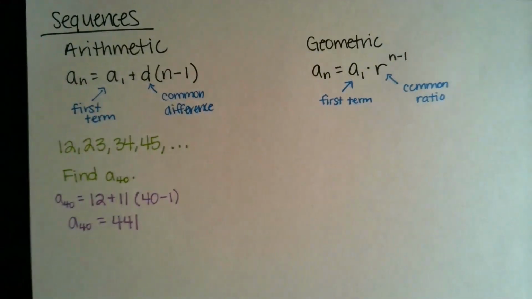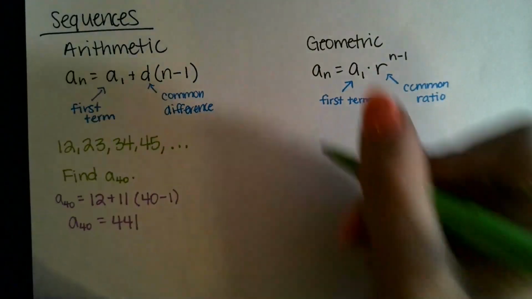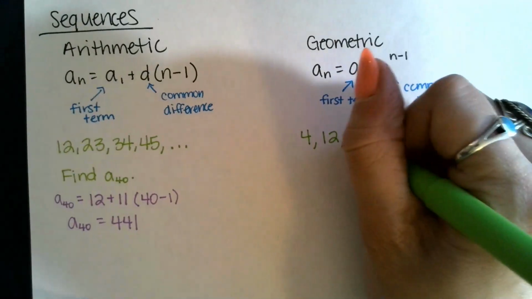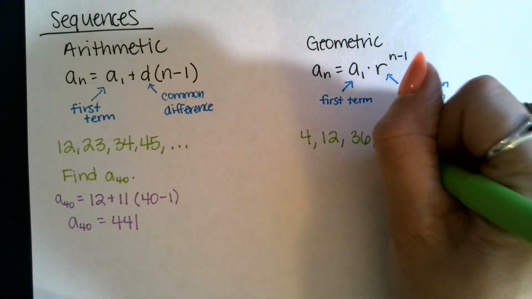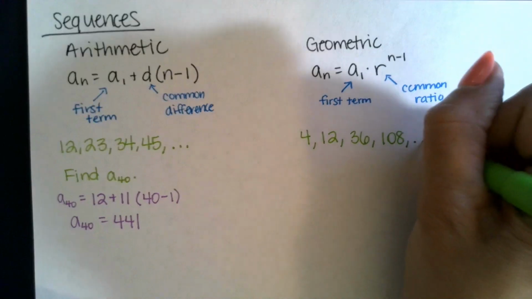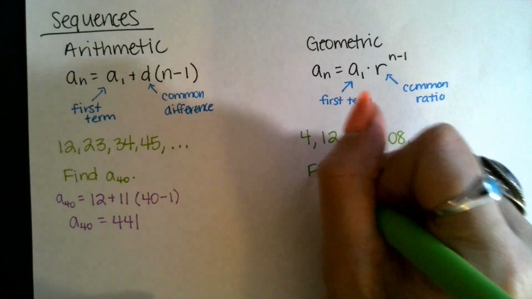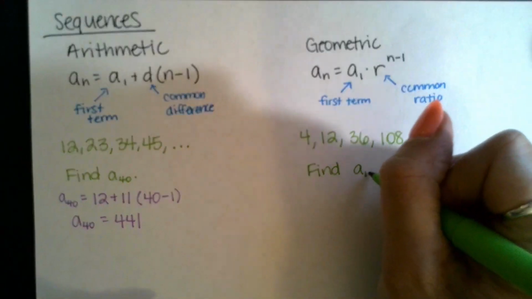All right, here is going to be our sequence that we're going to practice with. 4, 12, 36, 108, and so on. We are going to find a sub 12.